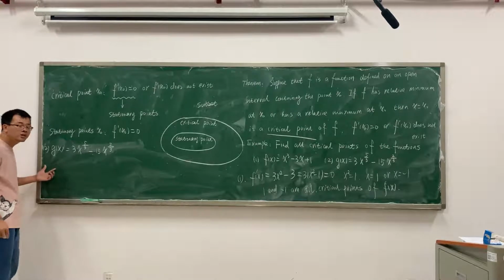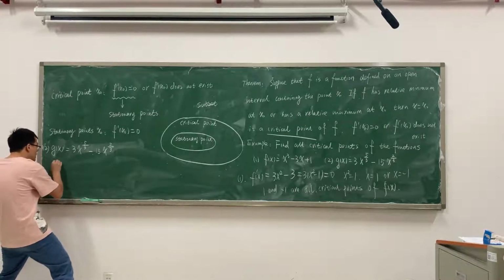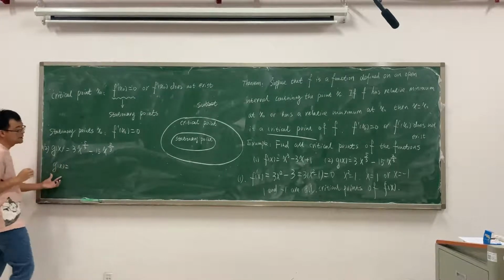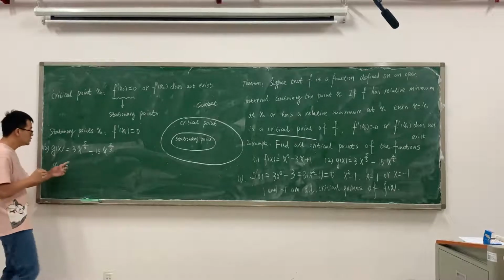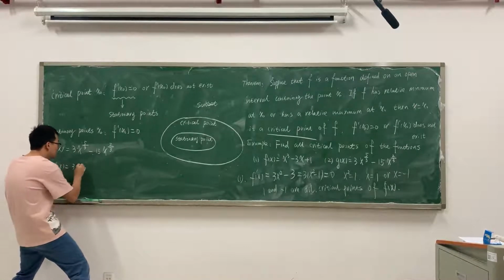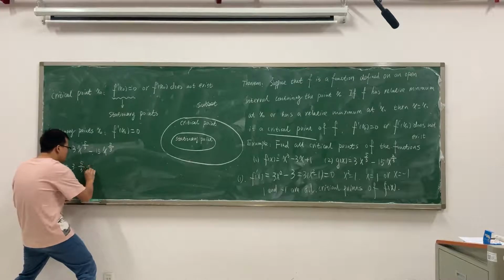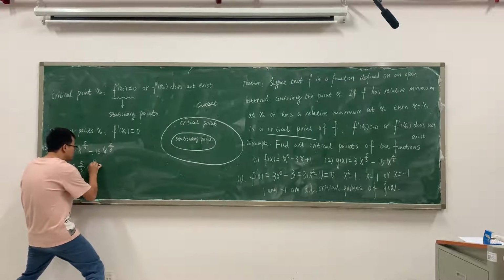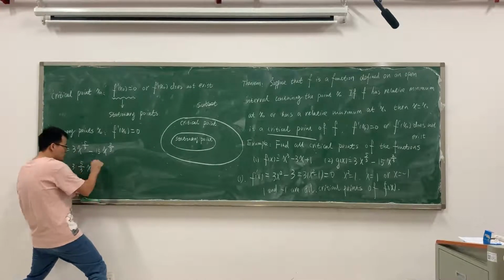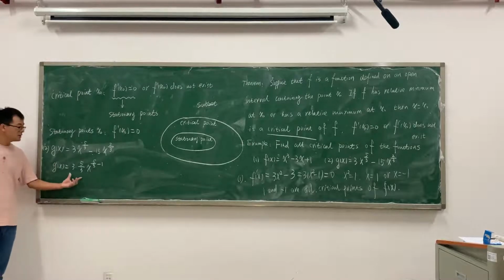The same, find the derivative. g prime equal to 3 times 5/3 times x to the power 5/3 minus 1, this is the first part.